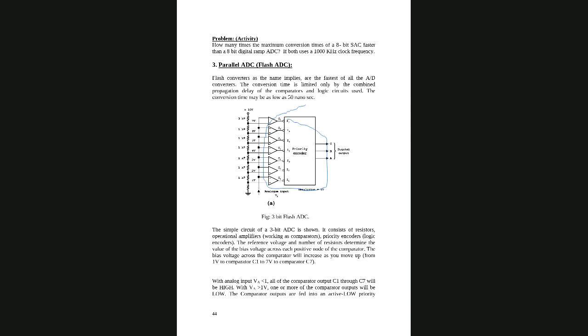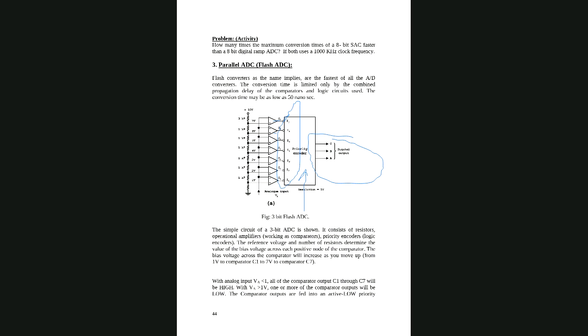Now understand very carefully, guys. First of all, you should know this priority encoder has the input from all the comparators, but all the inputs are bubbled. Can you see guys? There's a bubble, right? And I have to find out the output.